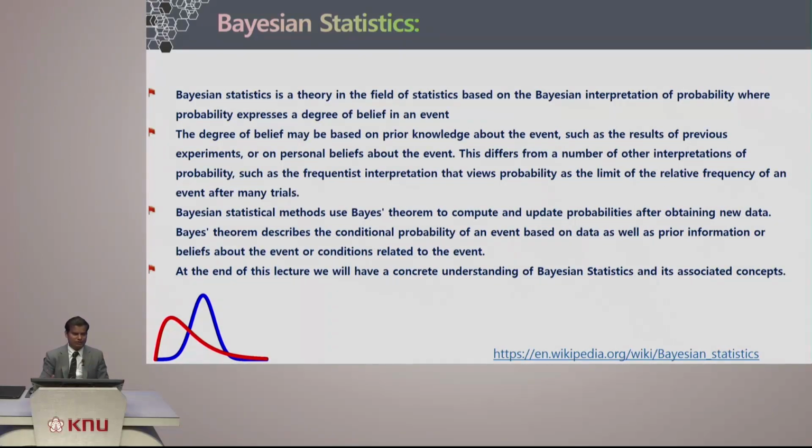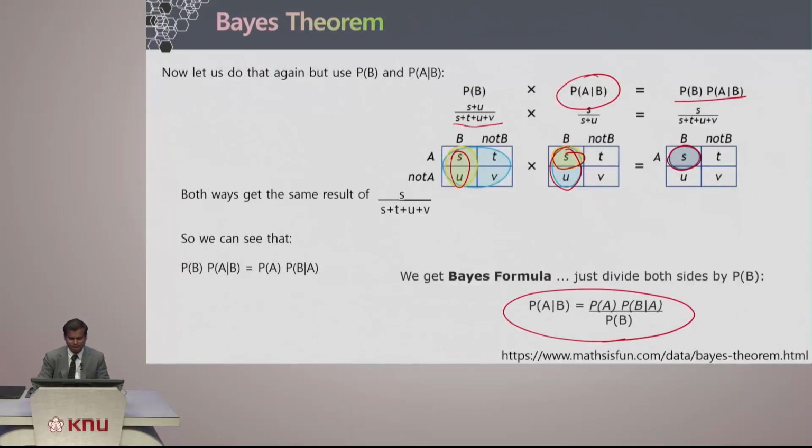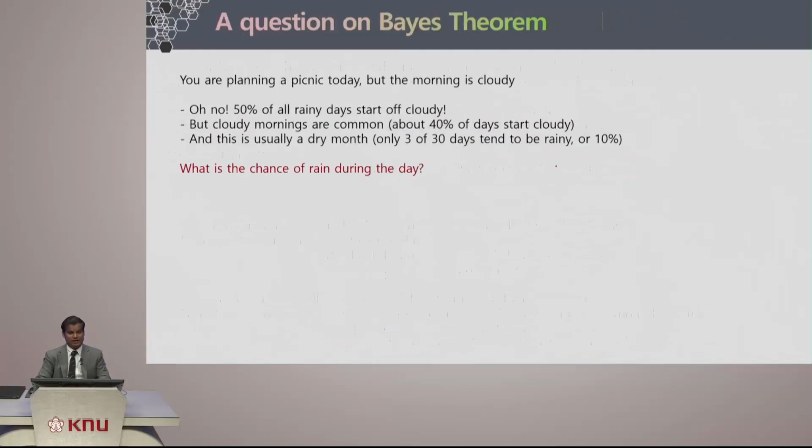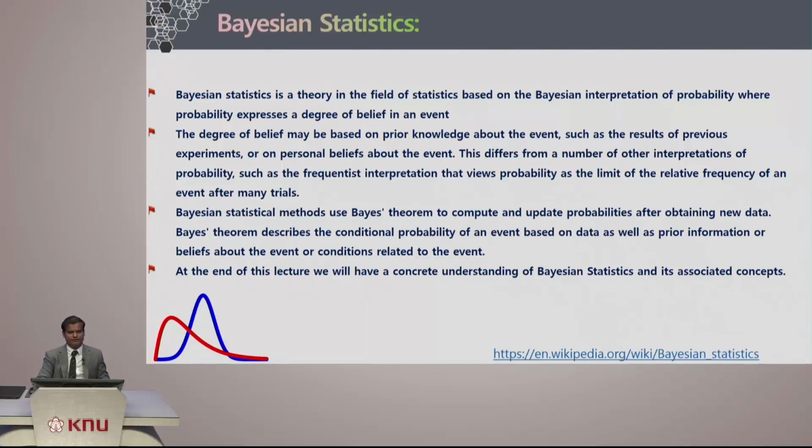In the previous example we saw that the degree of belief is that 1% of the population has the allergy, but we believe that 80% of the test shows accurately positive, but still there is a chance, like we had 10% we get the false positive in this example. So based on certain belief of an event, we proceed to find the actual probability by means of certain interpretations and experiments.